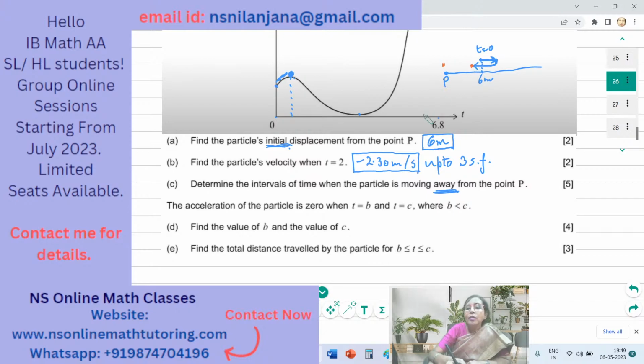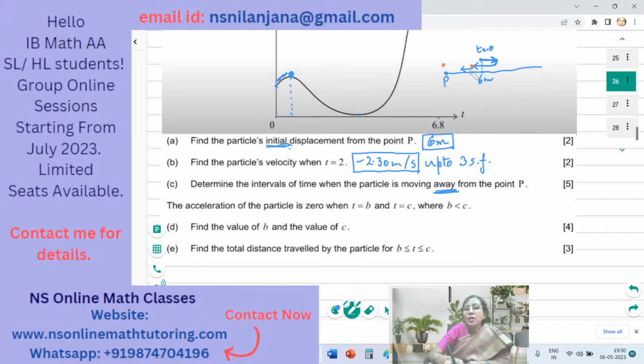Okay? So as the particle is moving towards the point P, the displacement value is decreasing.